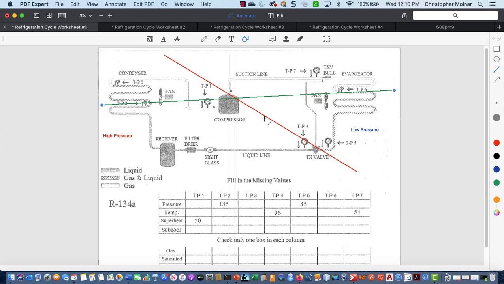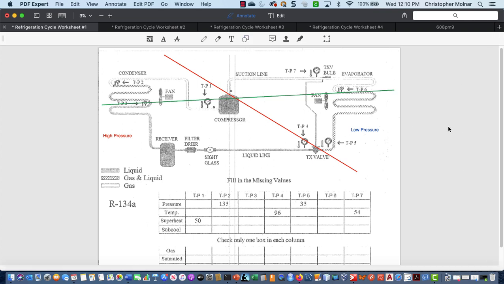So when we look at this diagram, everything below the green line is a liquid. Everything above the green line is a vapor.